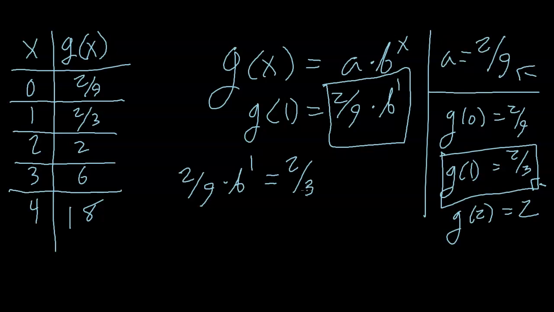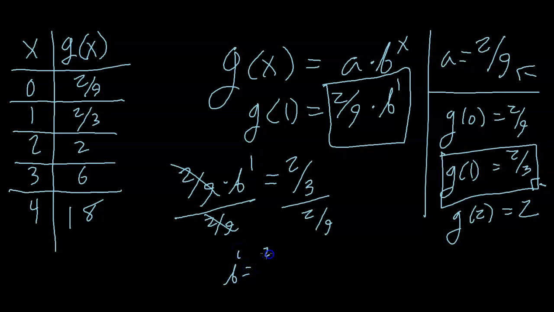Okay, well, can't we solve for b to the first power? What's happening to b to the first power right now? It's being multiplied by 2/9, right? Can't we divide both sides by 2/9? We sure can. The factor of 2/9 will be canceled out by the division of 2/9. And what's b to the first power going to equal?